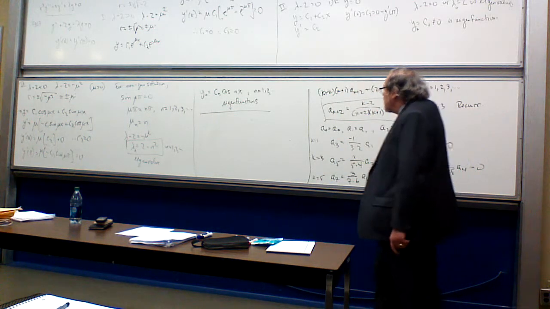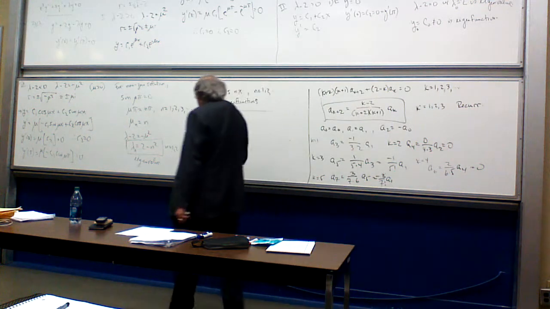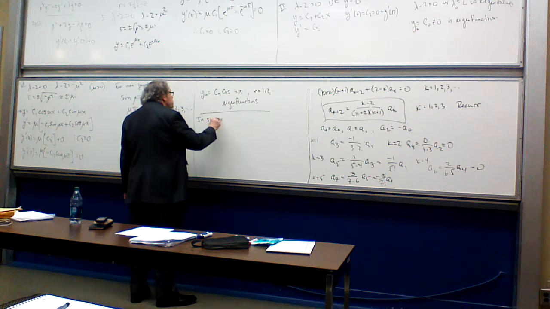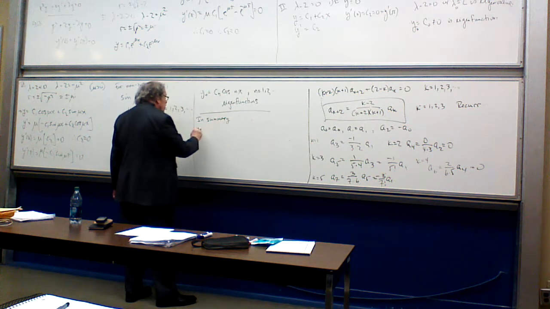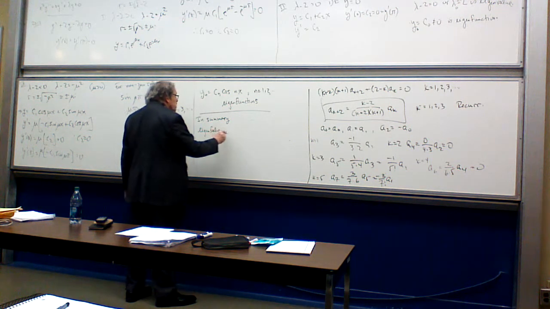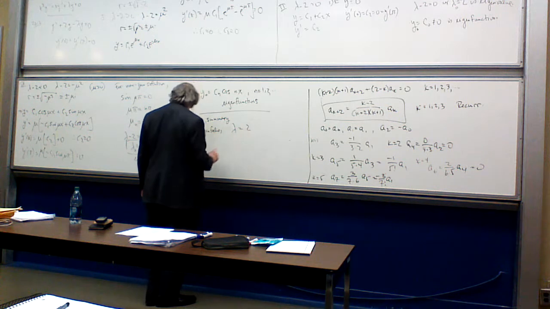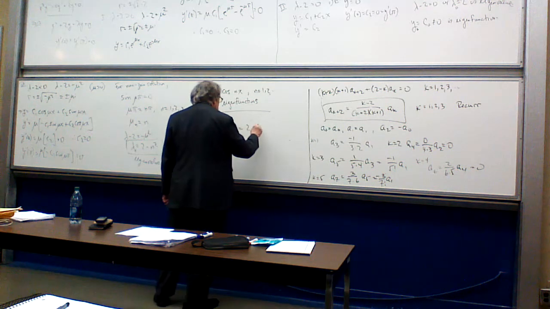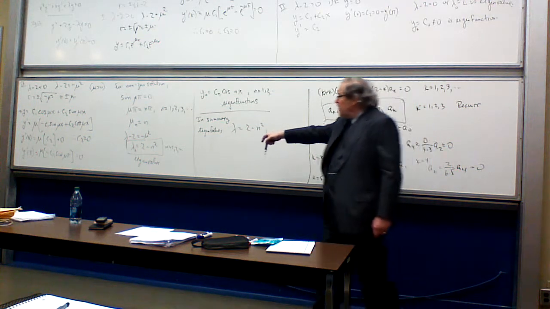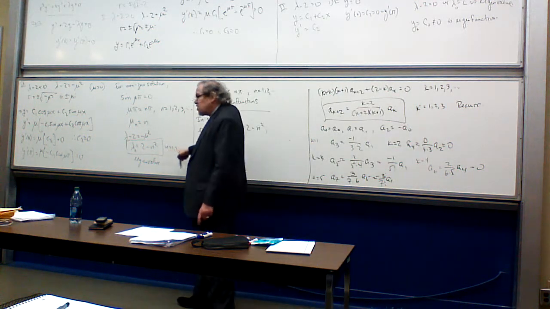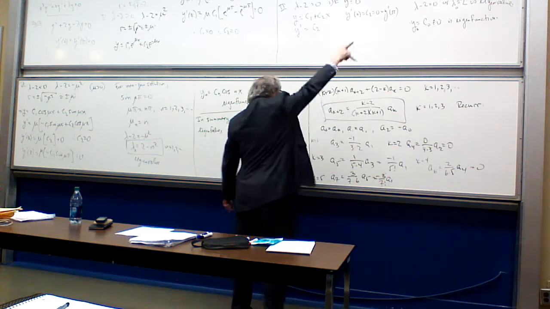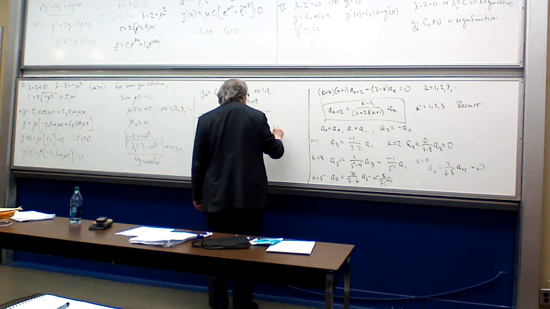So we've got that. And in summary, eigenvalues are lambda equal 2 minus n squared. Now n equal 1, 2, 3, that's the collection I just came up with. There's also the one over there. It's in exactly the same form.